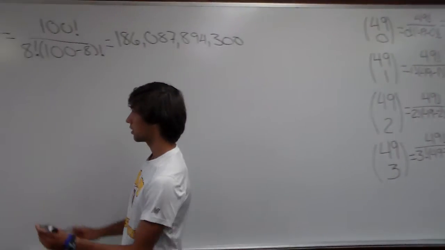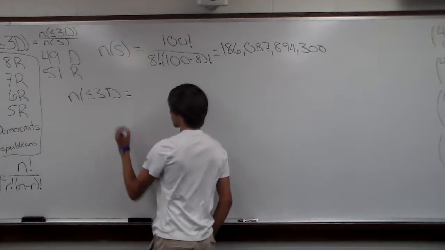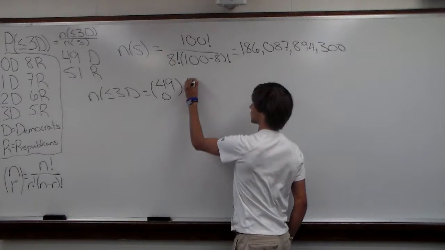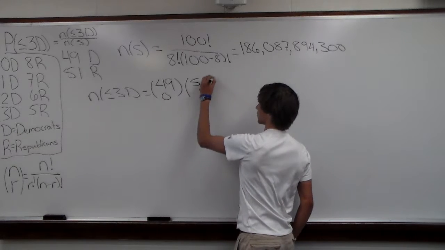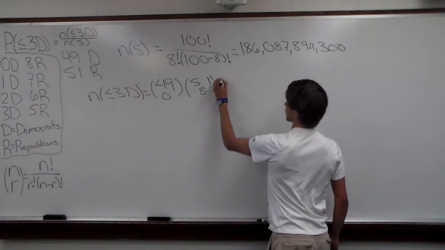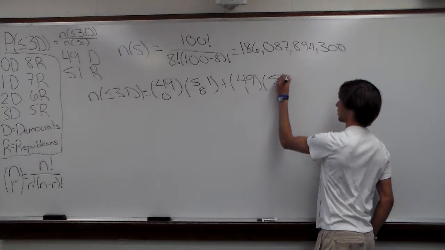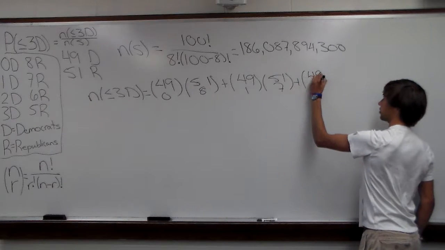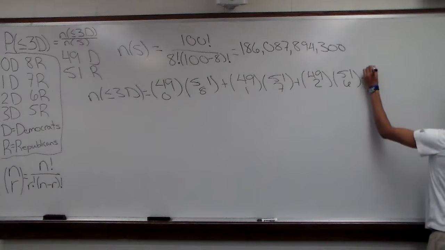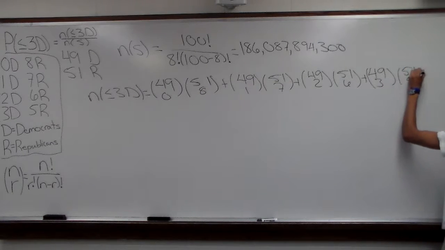To do that, we're going to take n of less than or equal to 3 D equals the number of ways to choose 0 Democrats times the number of ways to choose 8 Republicans, because that would be one way to choose a committee of at most 3 Democrats, plus the number of ways to choose 1 Democrat and 7 Republicans, plus 2 Democrats and 6 Republicans, and finally 49 choose 3 Democrats times 51 choose 5 Republicans.